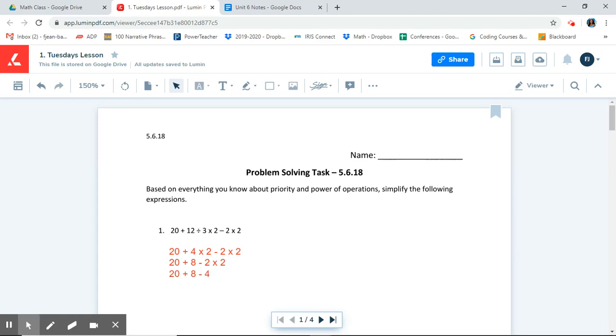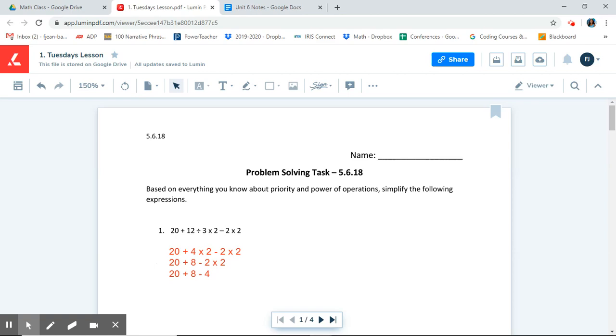Do we have any more multiplication or division left? No. Great. So what do we do now? We need to solve the addition and subtraction from left to right.